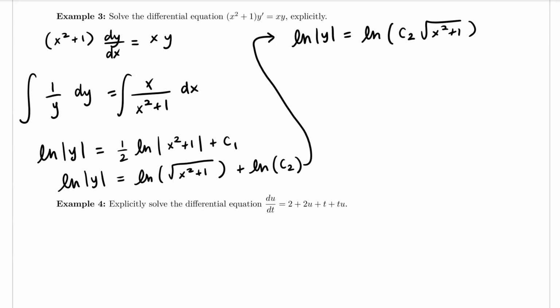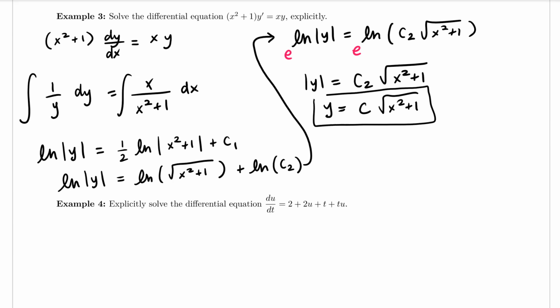And then if I e both sides, I'm going to end up getting the absolute value of y is equal to c2 times the square root of x squared plus 1, and I can drop the absolute value bars, and the constant on the other side, if I put plus or minus, will just absorb the plus or minus, and I'm just going to rewrite it as some constant, capital C. And here is our final answer for example 3.